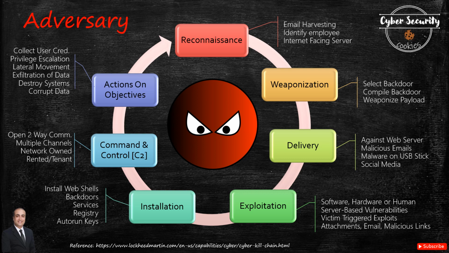What they have is the objective. The objective is usually your data. Data could be collected in different forms, and the data can even be corrupted. How it is done is, once they get into the system, they try to do lateral movement, horizontal movement, and then privilege escalation. With this, the ultimate goal is either to destroy the system, corrupt your data, or exfiltrate the data.